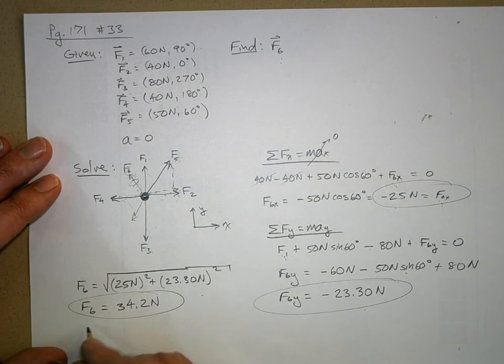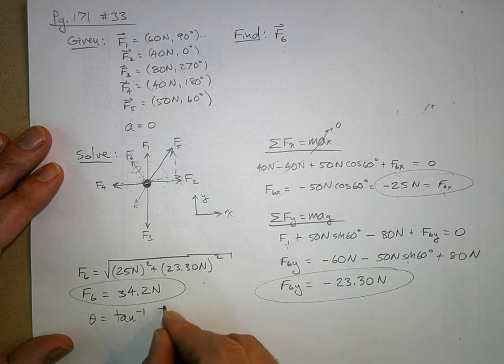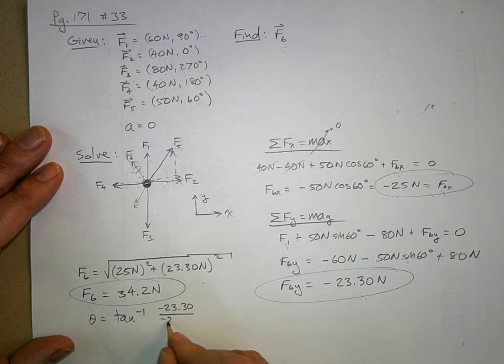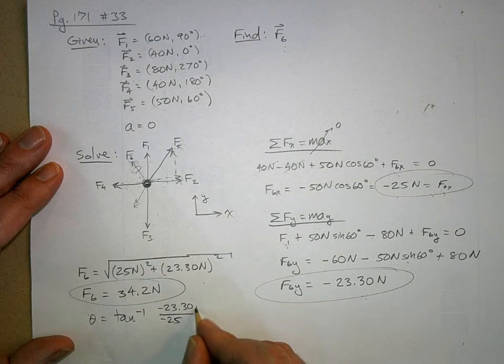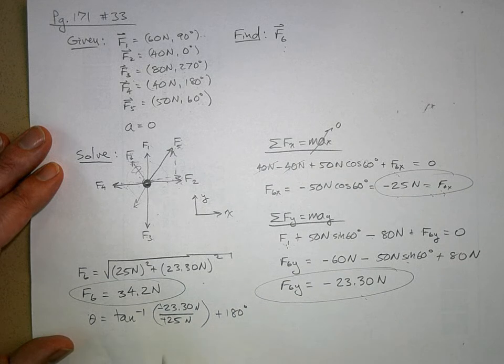The direction is the inverse tangent of its y value over its x value. And then I have to add 180 degrees to my answer, and these negatives cancel.